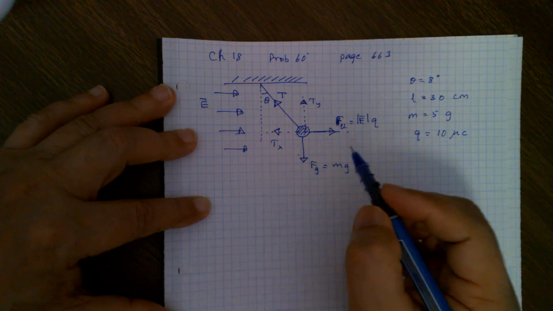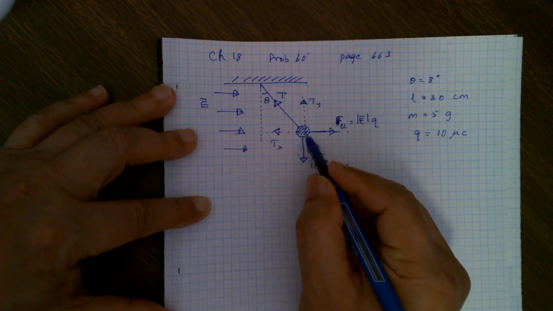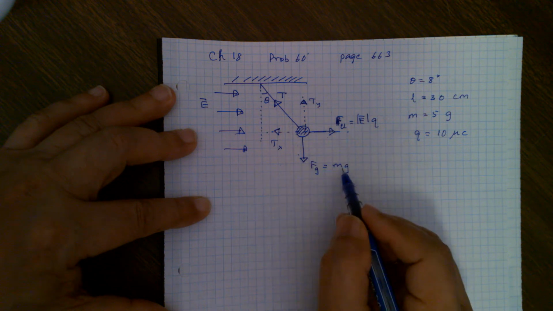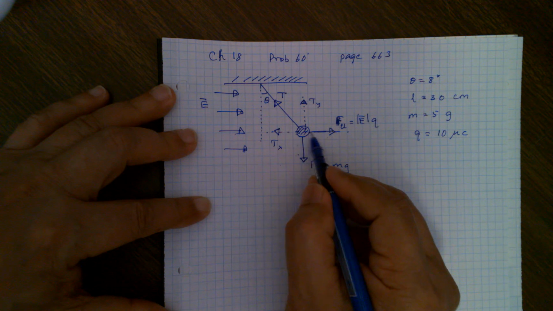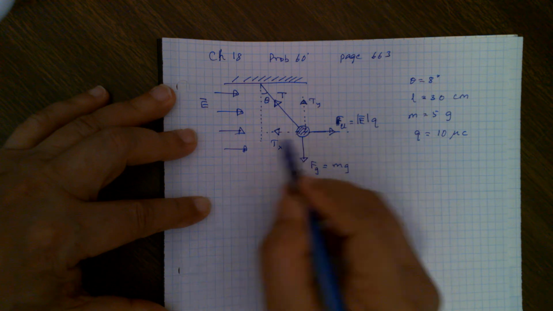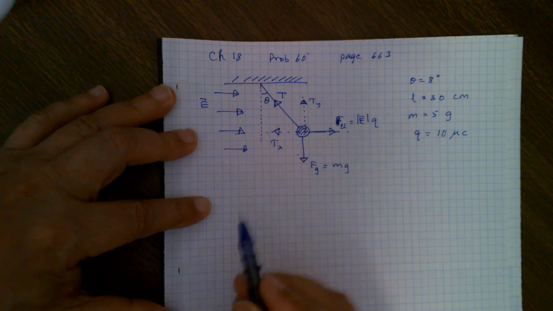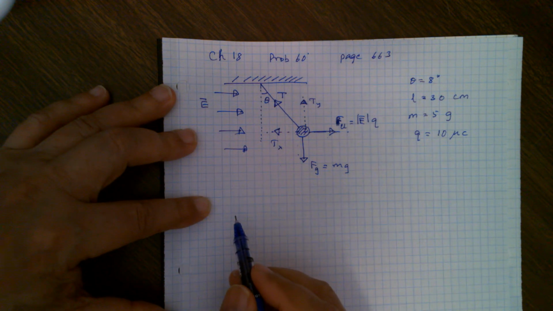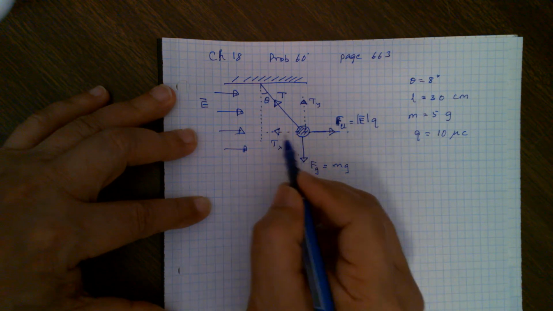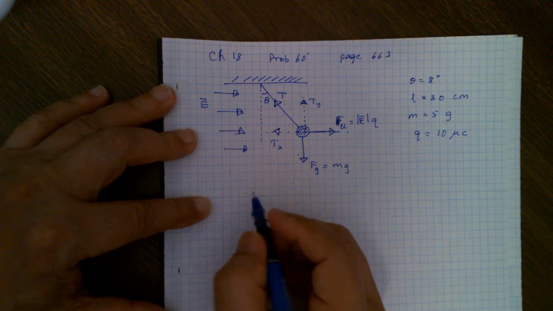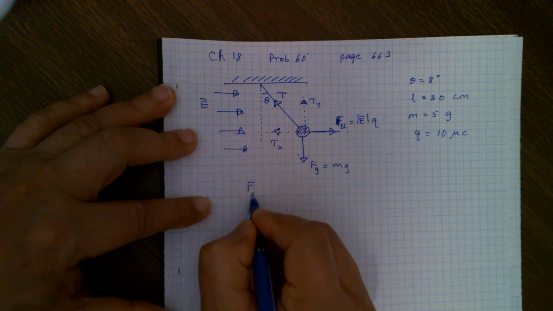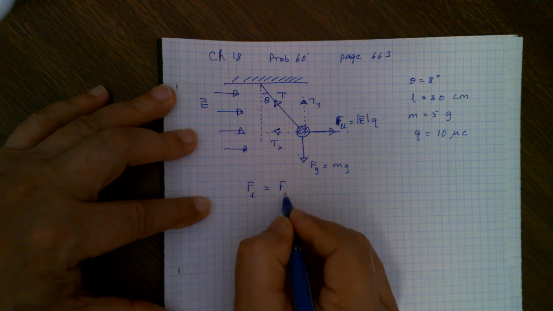And then gravity is pulling it down, it's mg, and the force pulling to the right is coming from the electric field, and the magnitude is given by EQ. So now when an object is not moving left nor right, that means forces pulling to the left must be equal to forces pulling to the right.